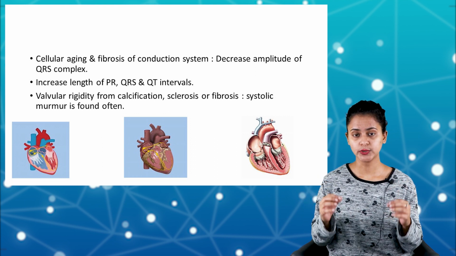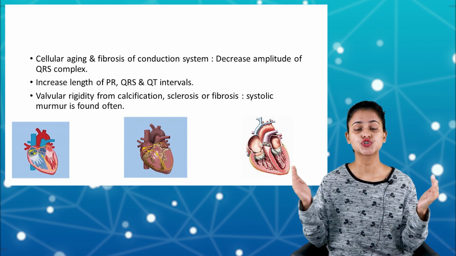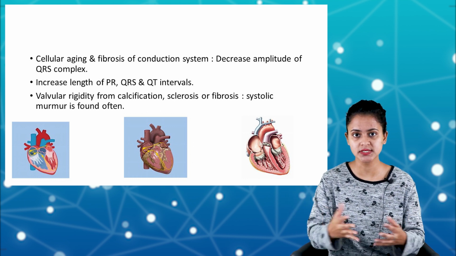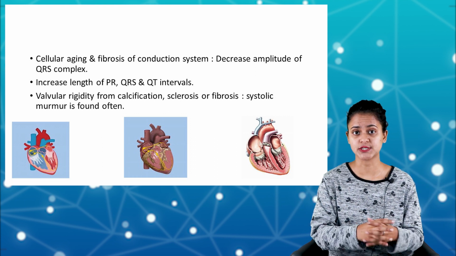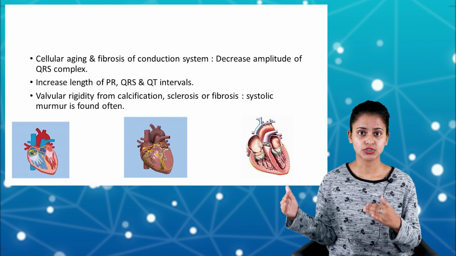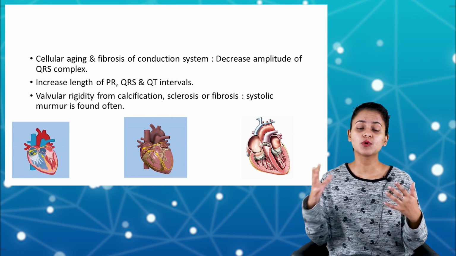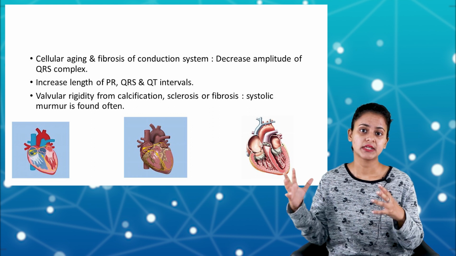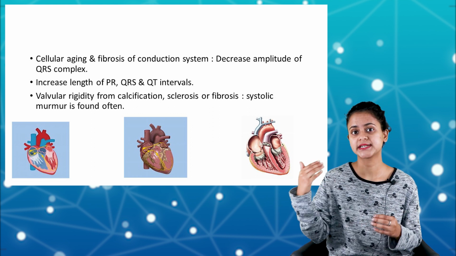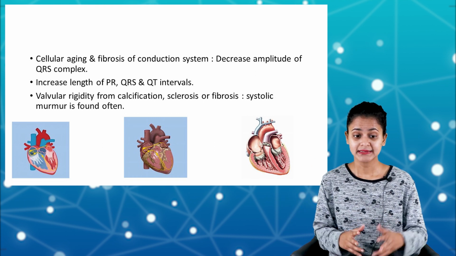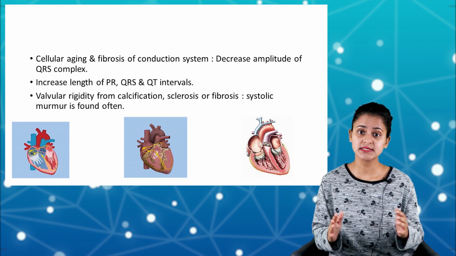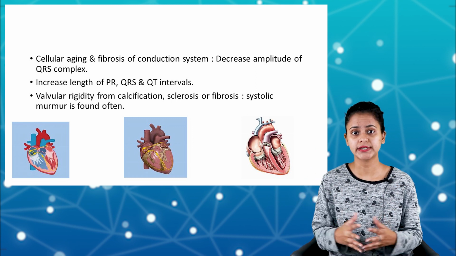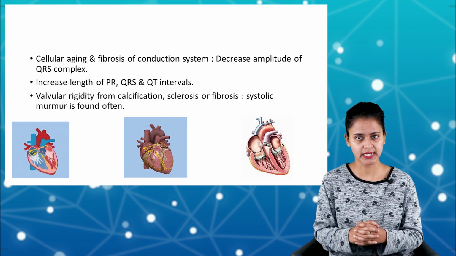Decrease in the cardiac output, decrease in the heart rate and stroke volume, response to exercise and stress, or intolerance to exercise often will be seen among the older adults. There will be slowed recovery from the activity even if they are performing some moderate to intense activity or exercise. That is when we see the person's heart or cardiovascular system will not be adaptive enough or tolerant enough towards the intense or moderate activity.